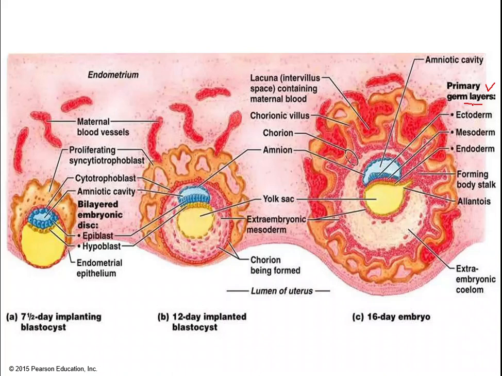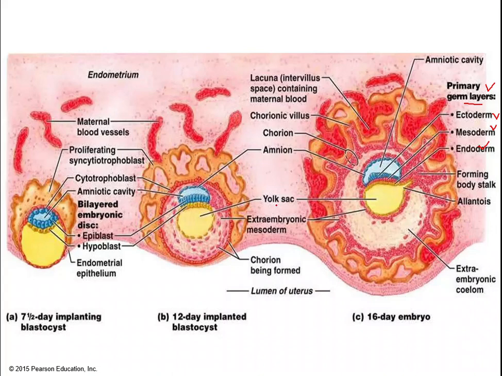All right, so gastrulation, like I said, is when the 2-layered embryonic disc rearranges or reorganizes itself into 3 embryonic germ layers. And those embryonic germ layers are the ectoderm, mesoderm, and the endoderm. All right.